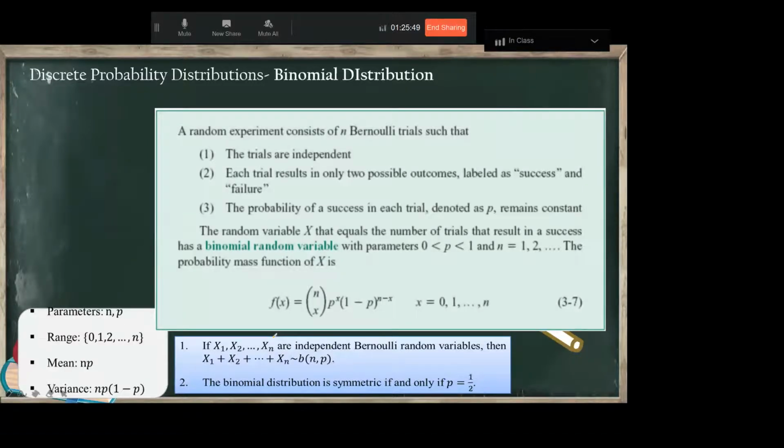But first, you need to understand the concept. Now, if x1 to xn are independent Bernoulli random variables, then this is binomially distributed, not normally distributed, with mean np, whatever the distribution is.